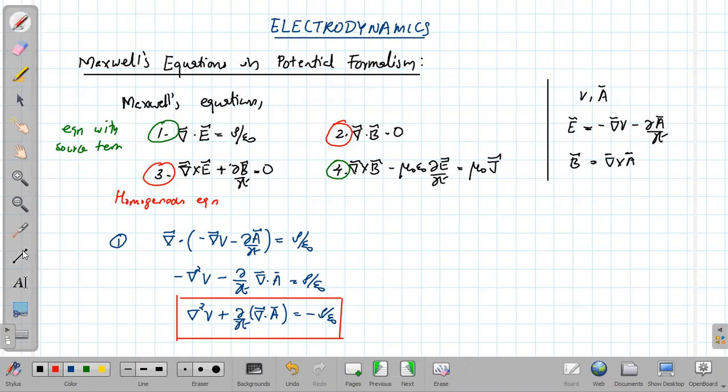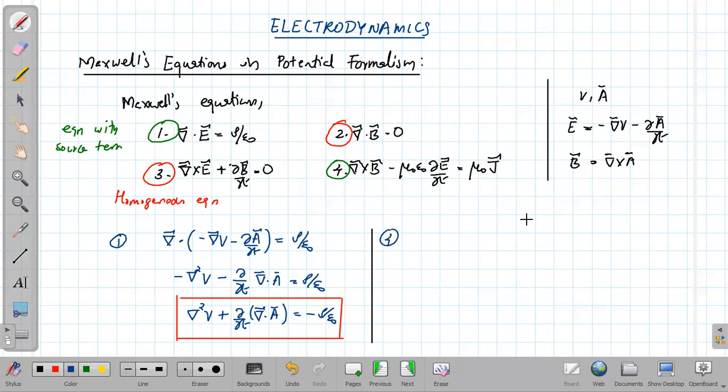Now what is the next equation? The next equation we get by substituting the expressions for the electric field and magnetic field in equation number 4.